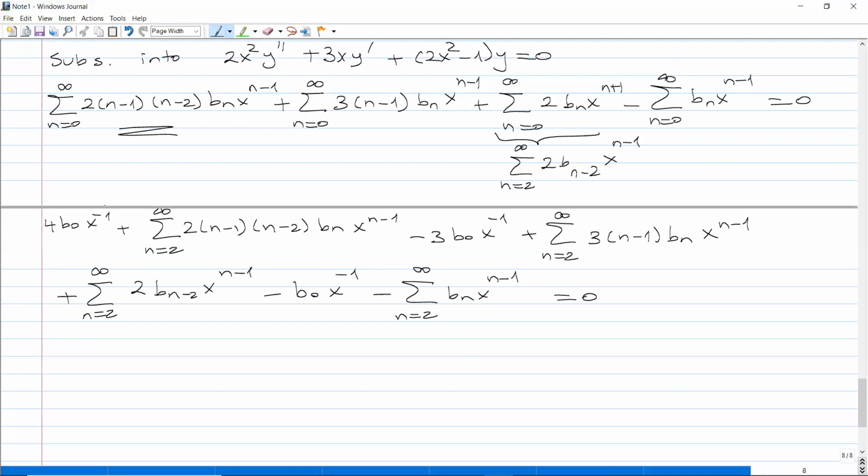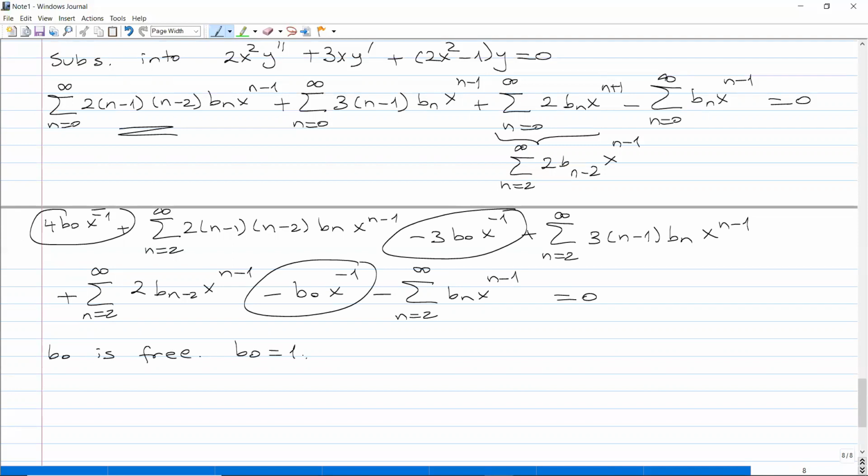So again, if you look at the terms, x to the power minus 1, they add up to 0. So b0 is free, so we take b0 to be 1.